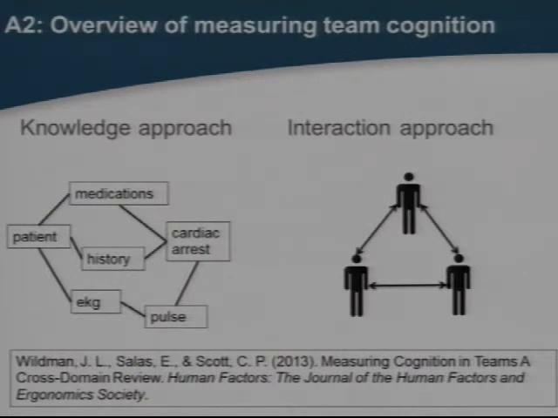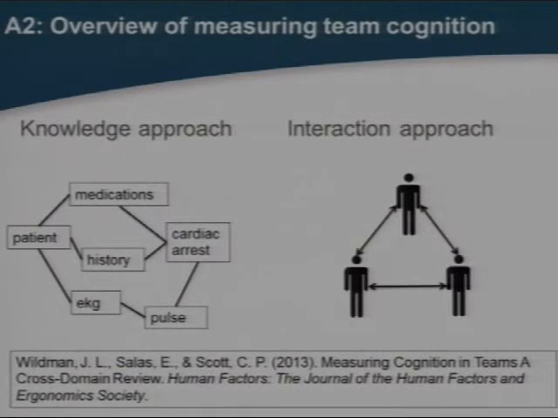This technique has been extended to groups and has been applied for the most part retrospectively, asking participants what they knew about the environment as they were performing the task, and then measuring the agreement between those participants. This has also been used to measure mutual awareness between subjects, in terms of what one subject believes another subject knows about what they were observing.